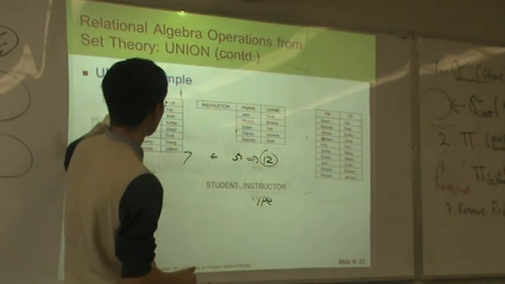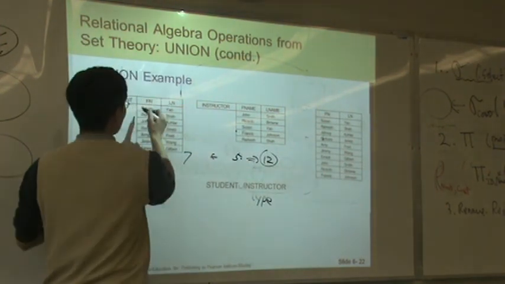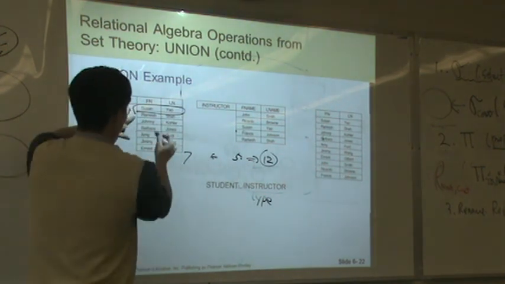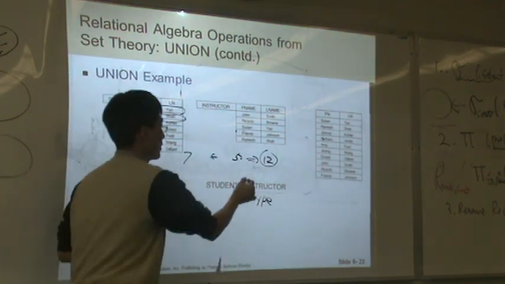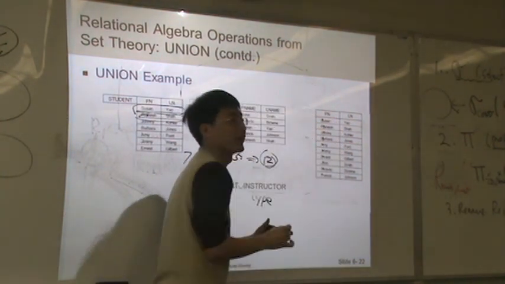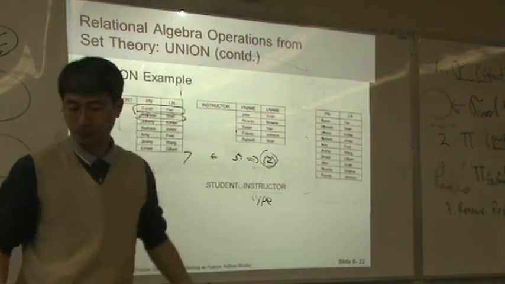John, Ricardo, Susan. Susan, yes. And Francis, Ramesh. We have 2 of them, which means the output is 10. That's the same in SQL also.